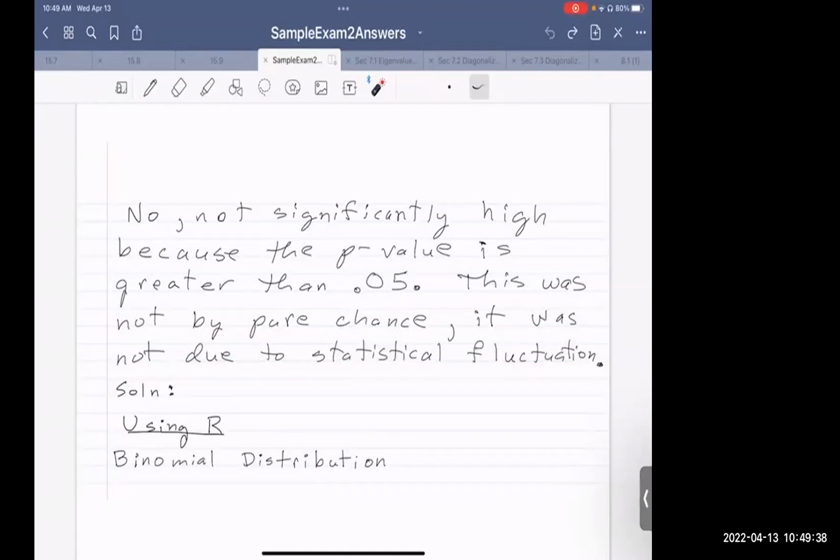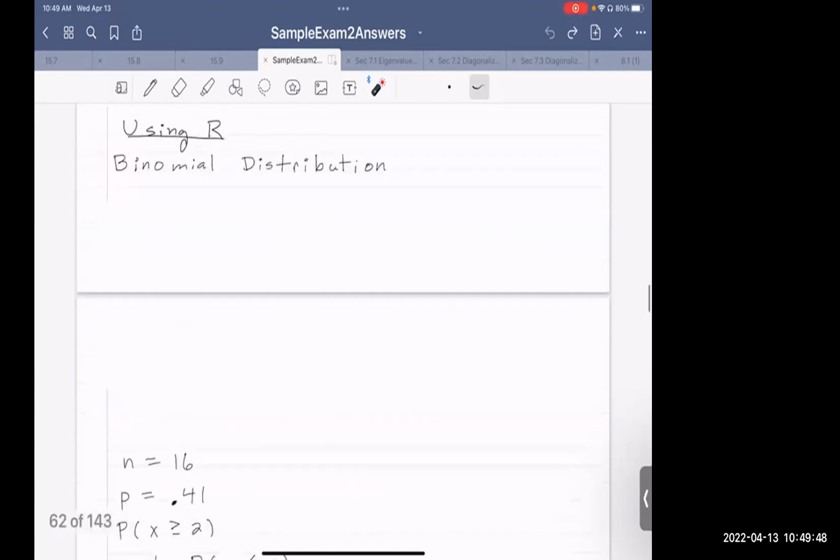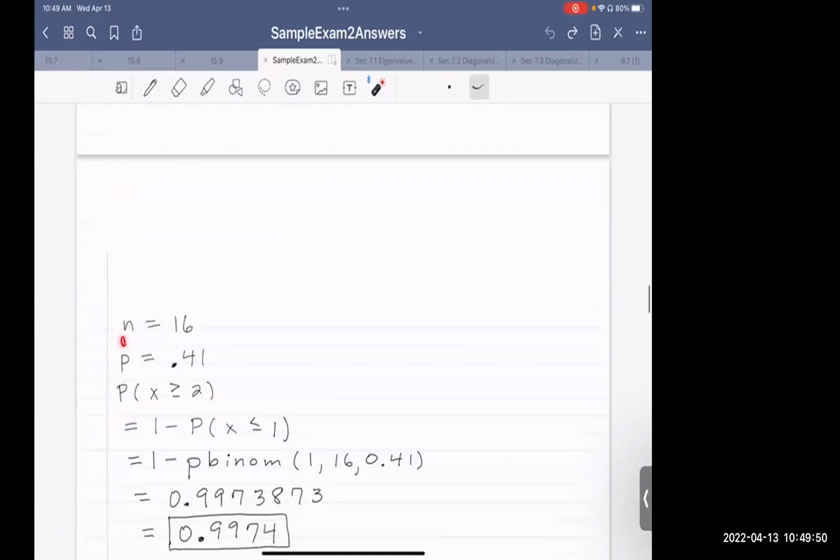If instead you want to use R to answer this question, then, well, again, this is a binomial distribution. N is 16, P is 0.41. I want to find the probability that X is greater than or equal to 2. So 1 minus the probability X is less than or equal to 1.